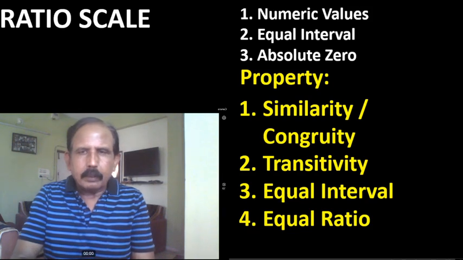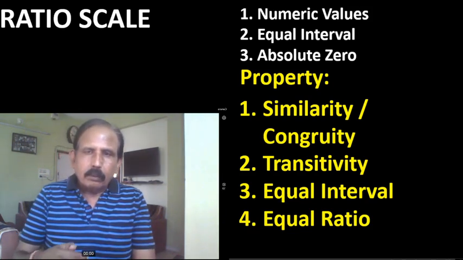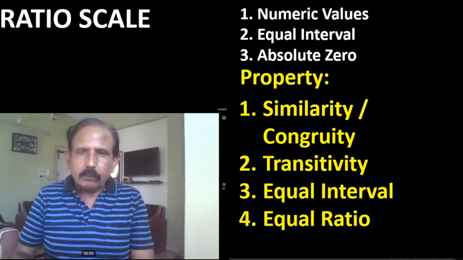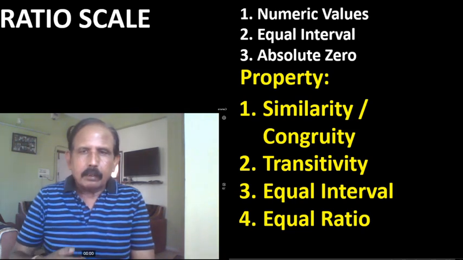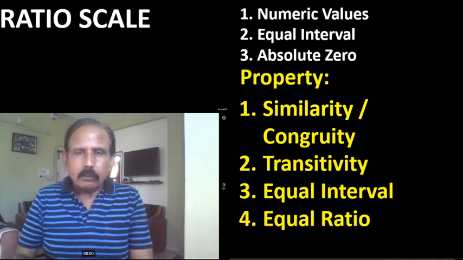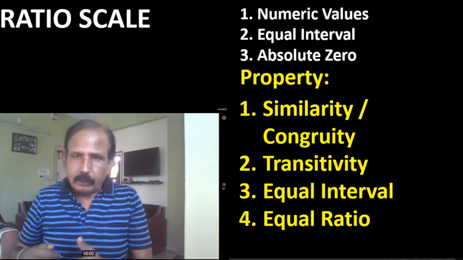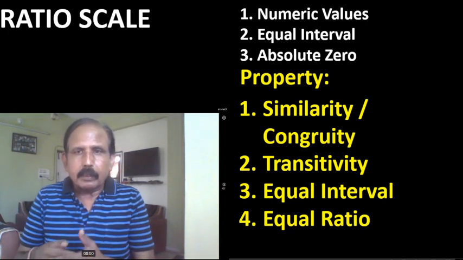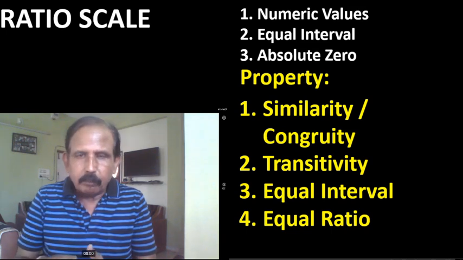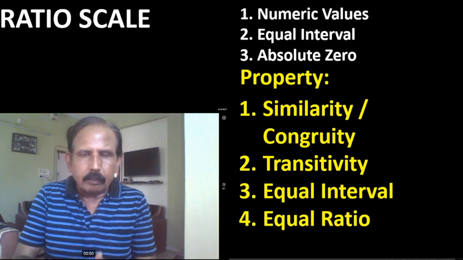If one student is getting 10 marks and another is getting 20 marks, the difference is due to their performance in examination. But we can't say the second student is two times cleverer than the first one. Here we can say the volume is double. So in ratio scale, multiplication and division among the numbers can be done, but in interval scale, only addition and subtraction can be done.